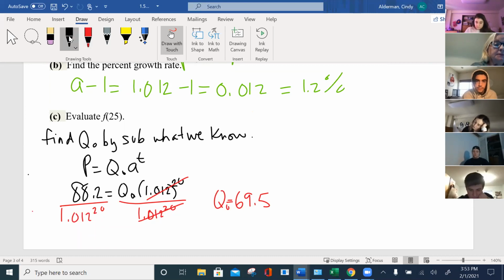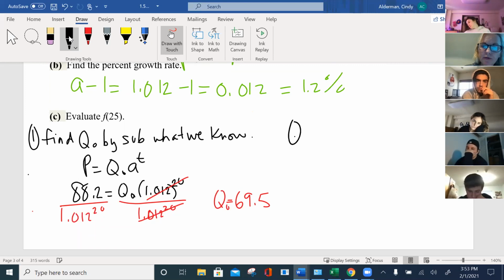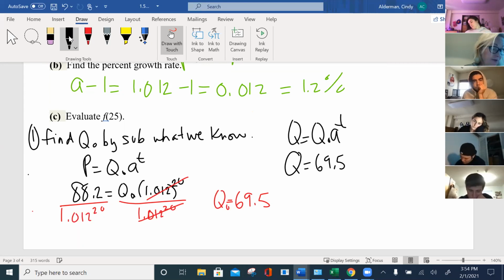So we found Q sub 0 by substituting what we know. Now we can write a complete equation. Q is equal to Q sub 0 a to the t power. Q is equal to 69.5 times 1.012 to the t power.